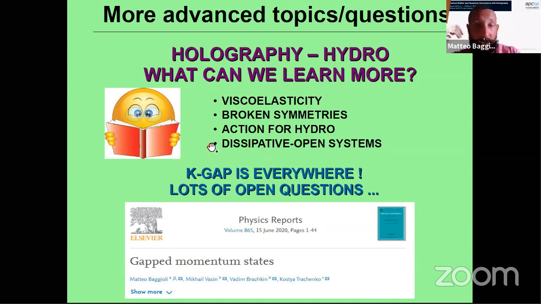Now, the other thing which I found very curious is that this k-gap, this collision and this momentum at which things start to propagate, is basically everywhere, and there are lots of open questions. We recently published this review in Physics Reports where we summarize all the instances and all that is known about this k-gap. I found it quite funny, and I was a bit disappointed, because we couldn't find the fundamental reason behind it.